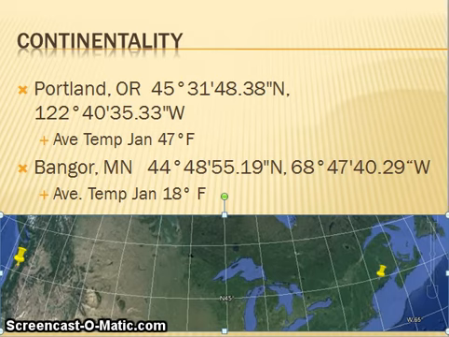Portland has a much warmer average temperature in January than Bangor, Maine, because the warm energy from the ocean has a modifying effect on the temperature. If we were to look at a mid-continental temperature, it would be even more dramatic than Bangor, Maine.